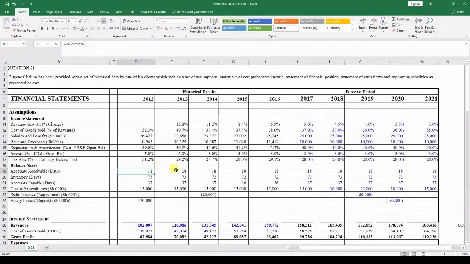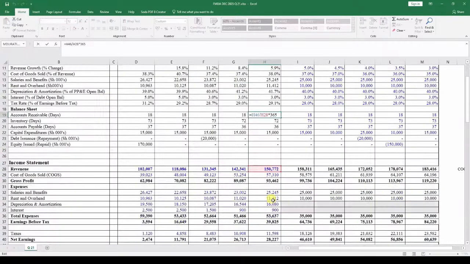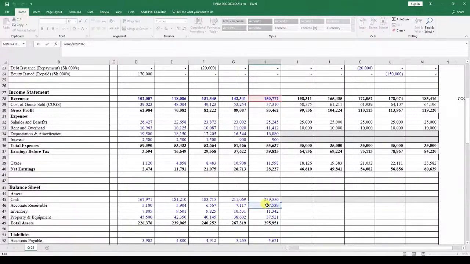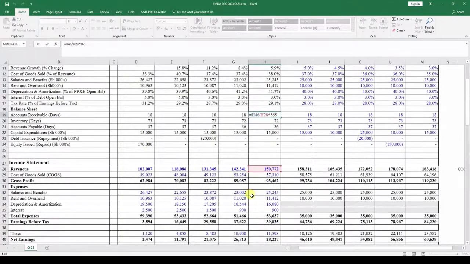We can get this from these black formulas over here. If you double click, you can see it is the accounts receivable, we divide that by the revenue, and then we multiply by 365 to get the days.